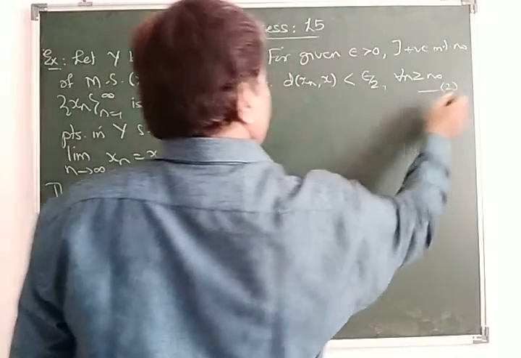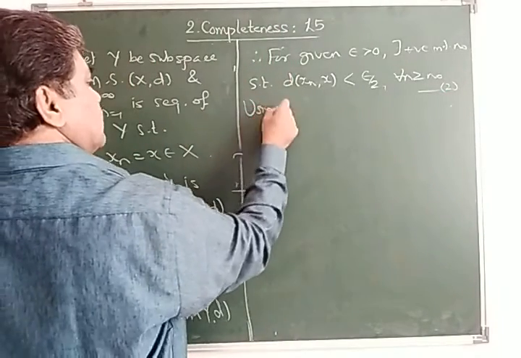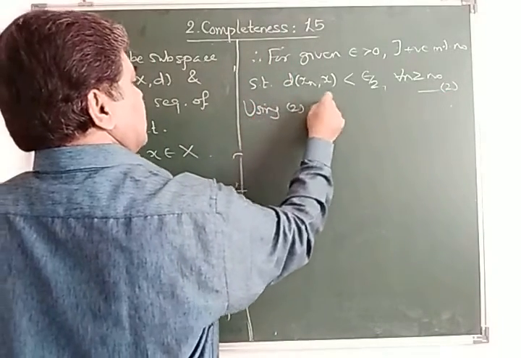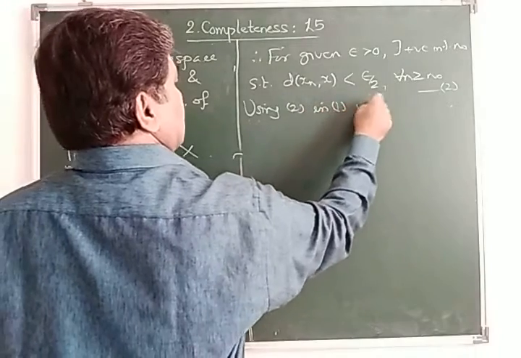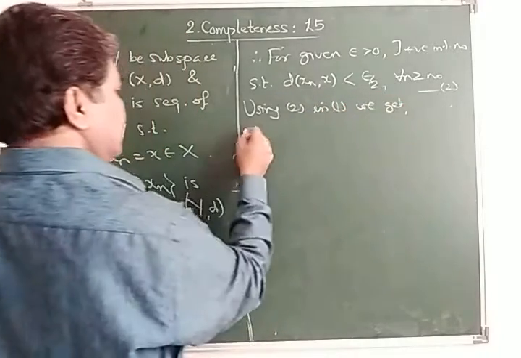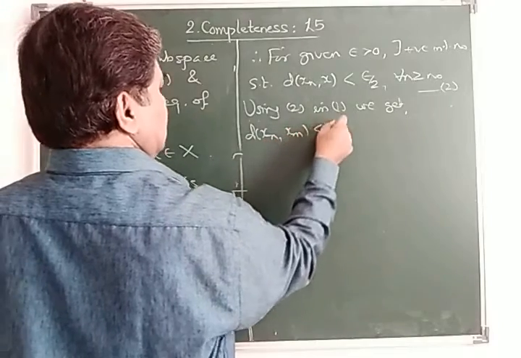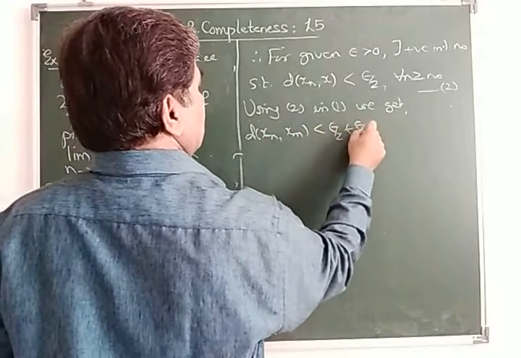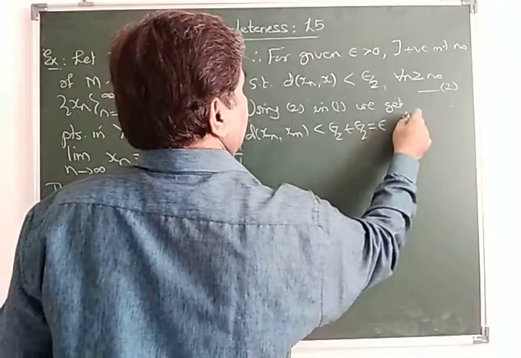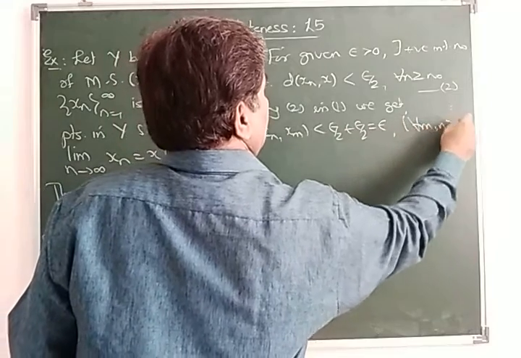Using 2 in 1, we get d of xn xm is less than epsilon by 2 plus epsilon by 2, which is equal to epsilon, for any m, n greater equal n naught.